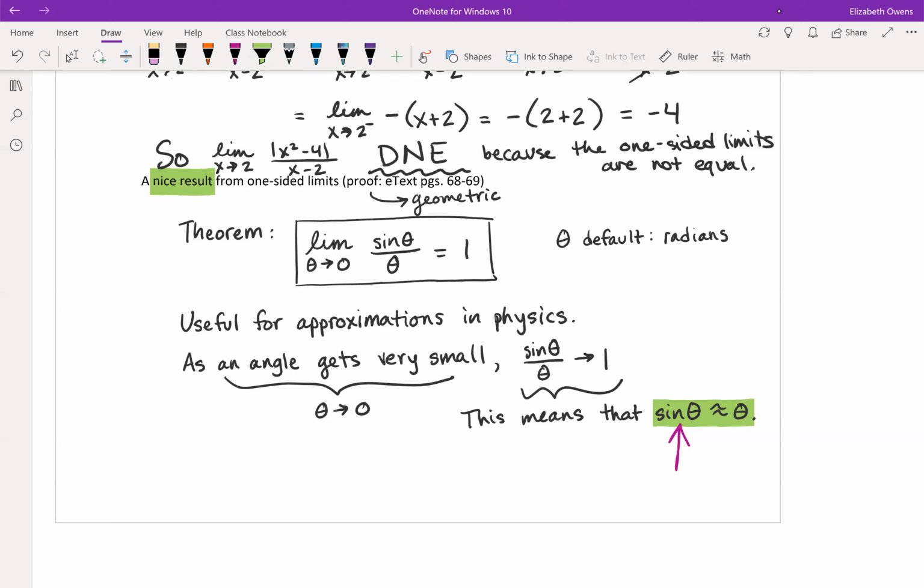And so if we assume theta is very small, this allows us to replace that trig expression with just theta itself. So this only gets used in certain cases. It is still just an approximation, but this can be a handy one. So I just wanted to make sure that we were aware of it. And that's the end of section 2.4.